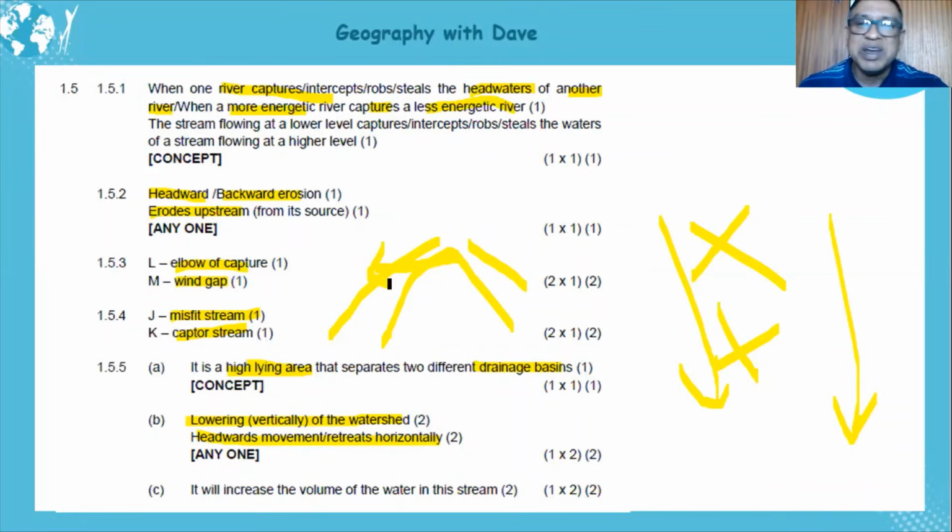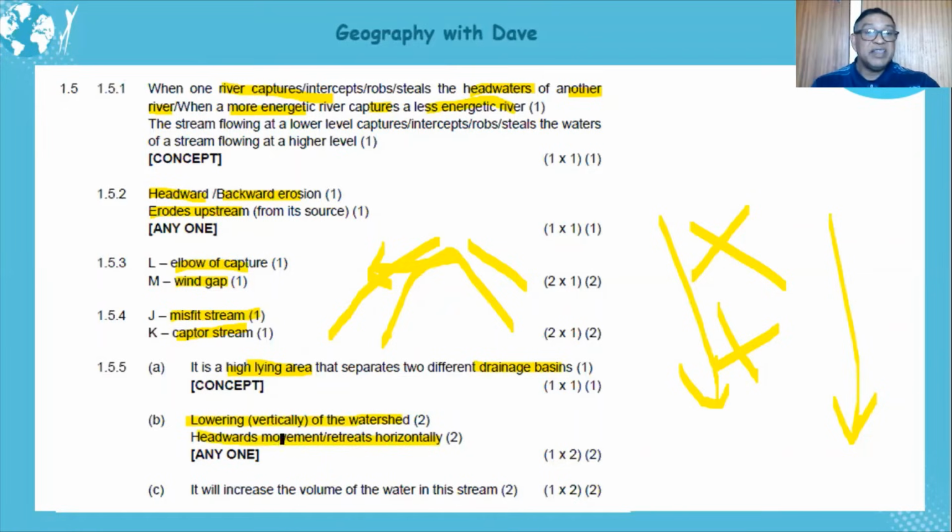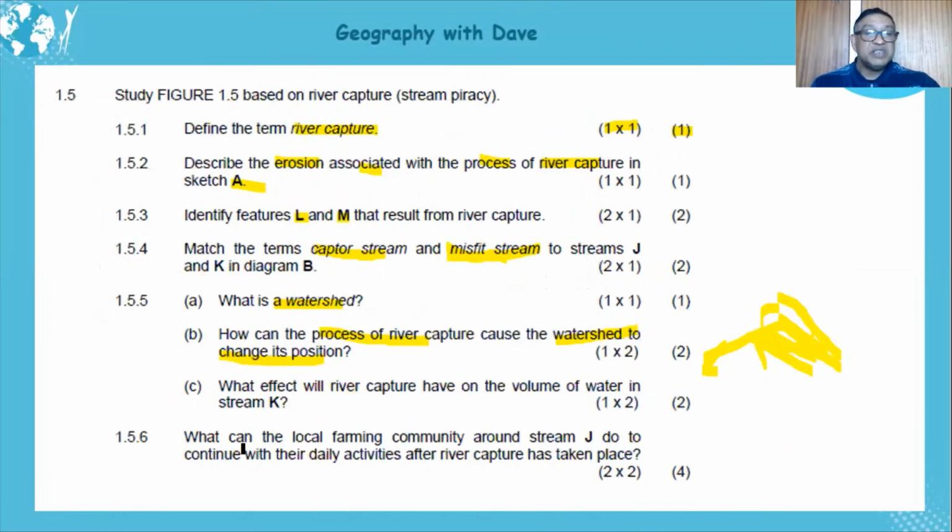I like that one, learners, because it actually states how the process can do it. But the examiners have also said a description of lowering the watershed. Lowering the watershed, which is true, because as it gets eroded, it does lower the watershed. Okay, let's look at the next question.